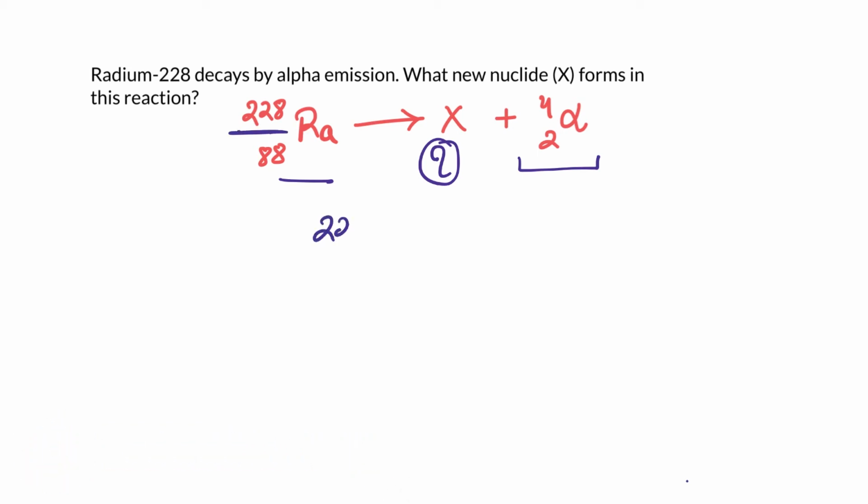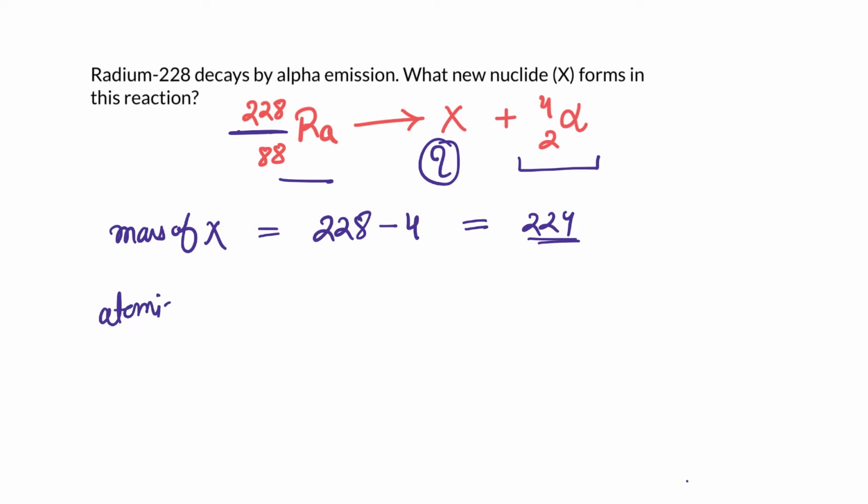So 228 minus 4. Why? Because that is the mass of the alpha, right? So we find out the final mass of the X. So the mass of X should be 224, right? Now we have to talk about the atomic number, right?